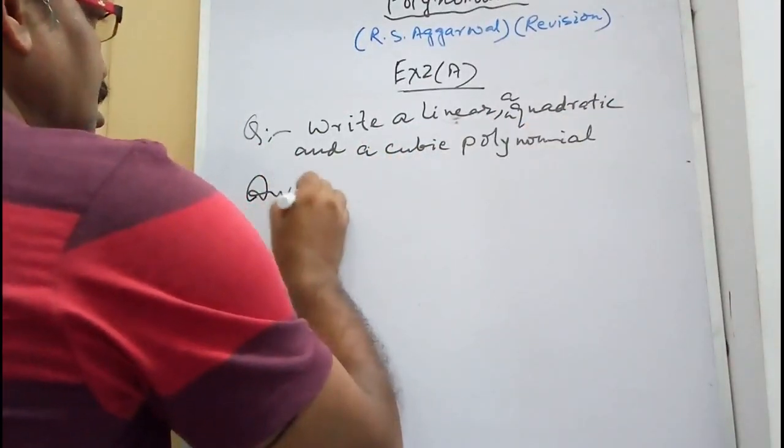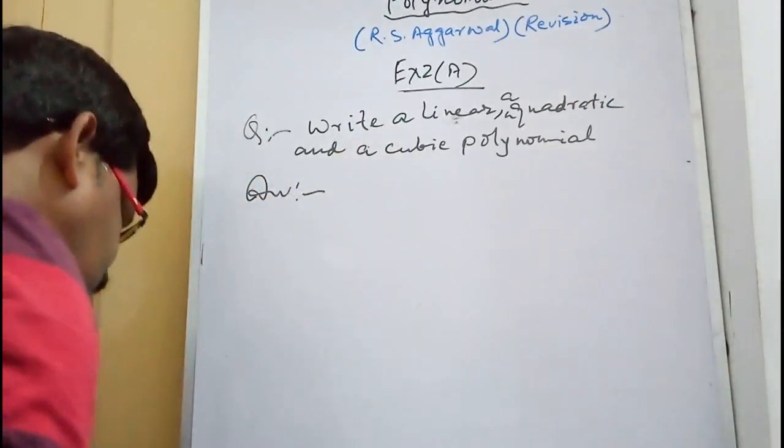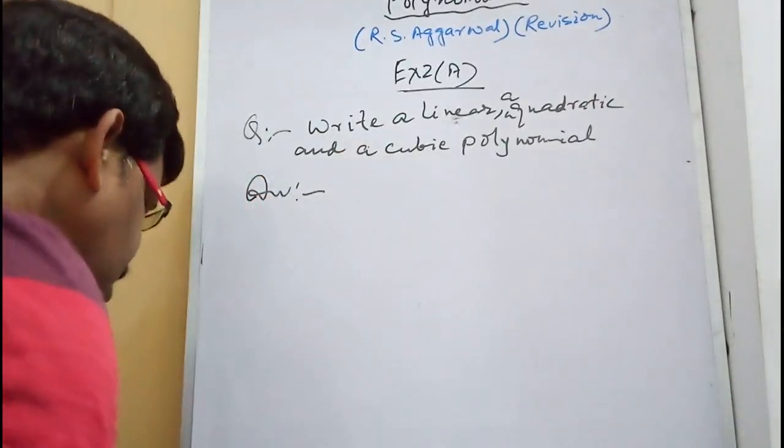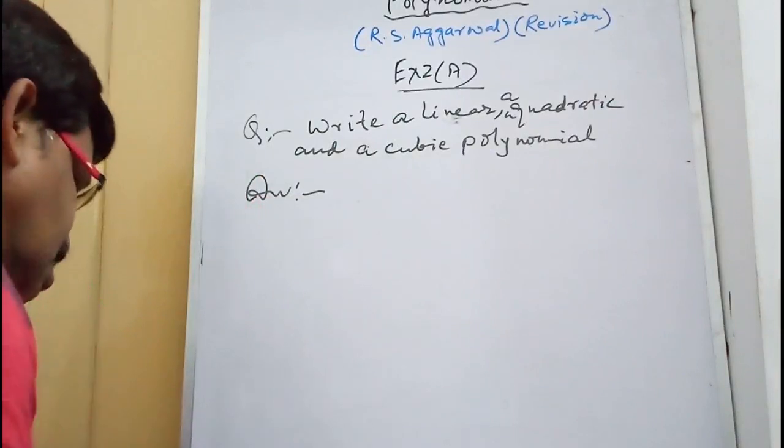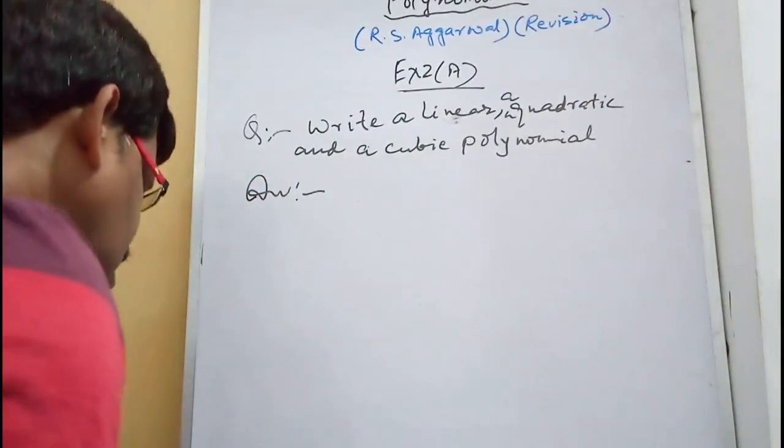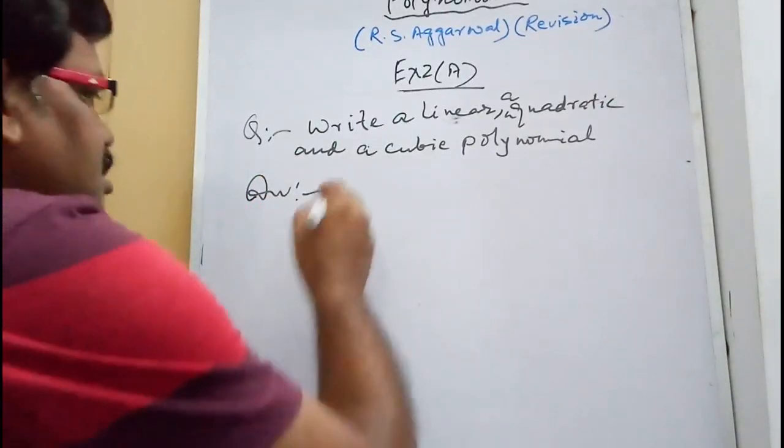So answer, linear polynomial, maximum power is 1.